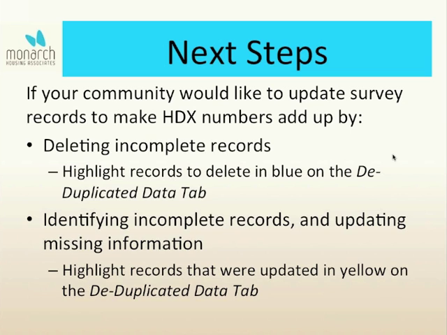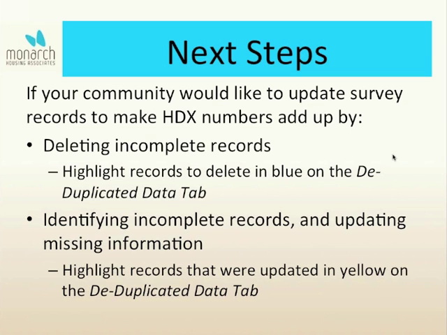And there's two different ways that we're going to ask you to label those changes that you want to make relating to the HDX summary tab. If you want to delete the incomplete records, like Thais has said, please highlight that record on the de-duplicated data tab in blue.